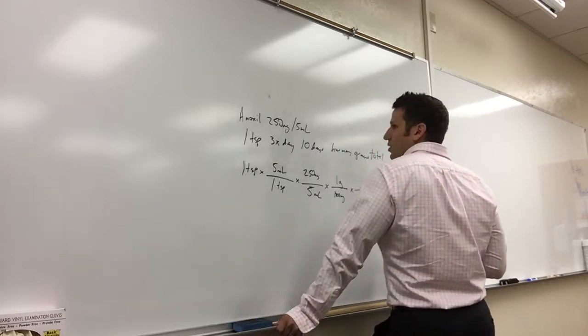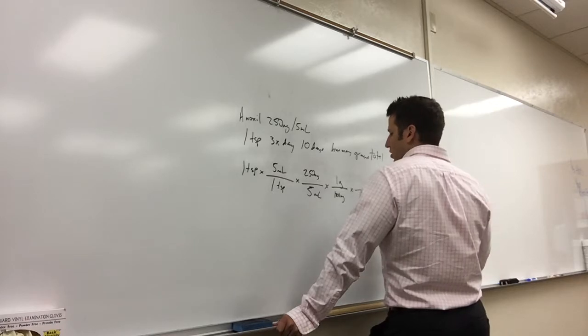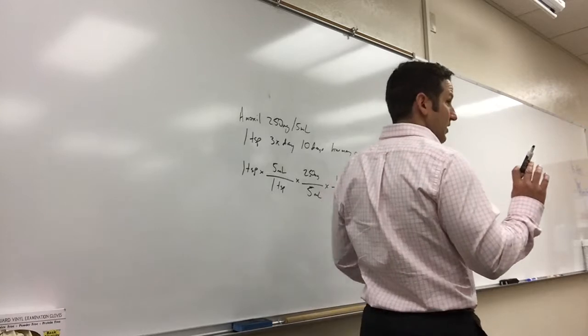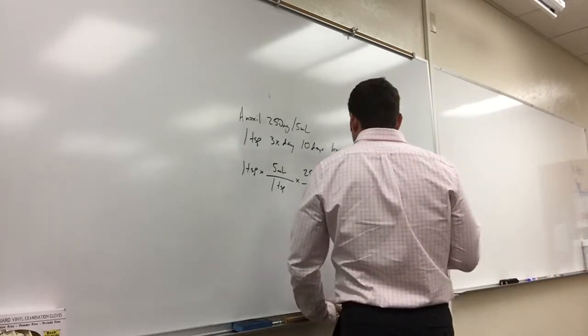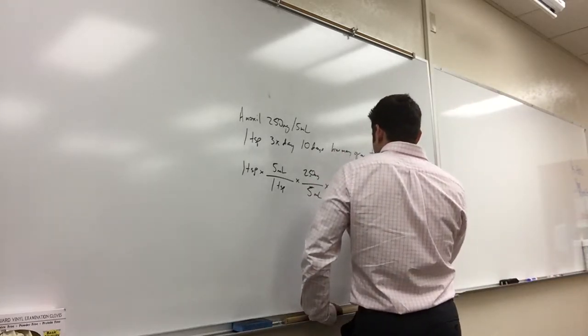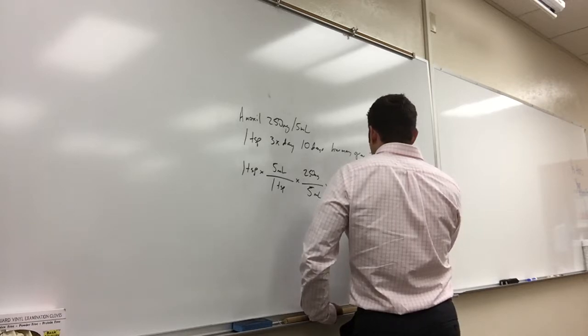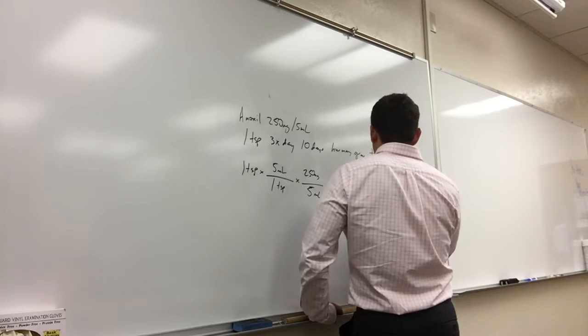If you just get the grams, then you can multiply it by 30, but I'm trying to do dimensional analysis. You can't convert to days directly, so 3 over 1, because there are 3 doses per 1 day. And then 10 days over total dose.